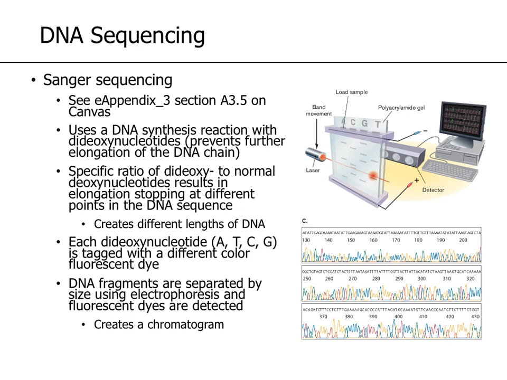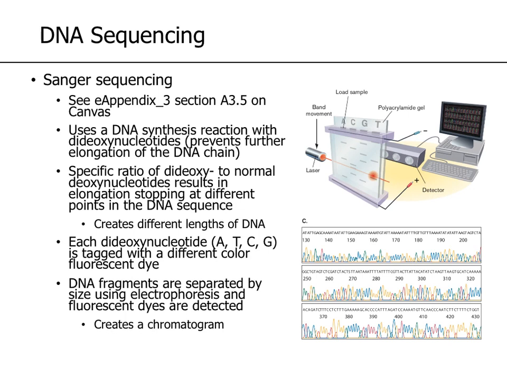I did want to talk a little bit about DNA sequencing technologies. We mentioned this back in the historical context about Sanger, who was the first person that developed these sequencing methods. A lot of these images come from E-Appendix 3, and I will double check and make sure that it's up there after class.